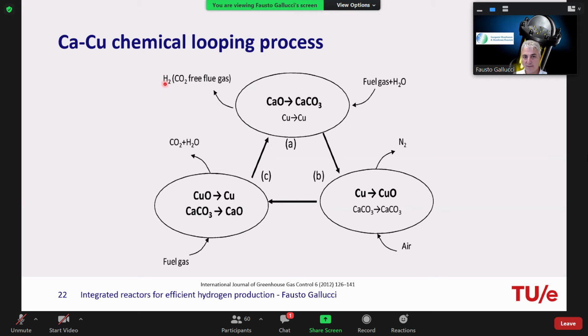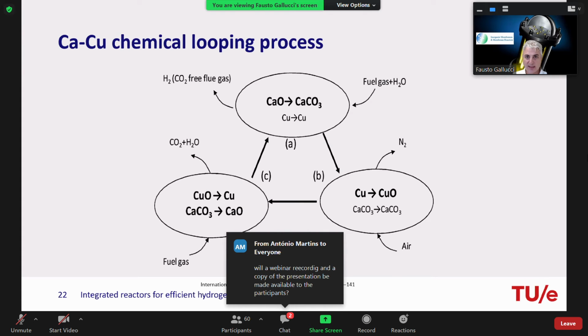So basically you have hydrogen without CO2. Then you have to oxidize the copper. And then after you oxidize the copper, you reduce the copper. The copper oxide is releasing the energy and is calcining the calcium carbonate and is producing the calcium oxide.